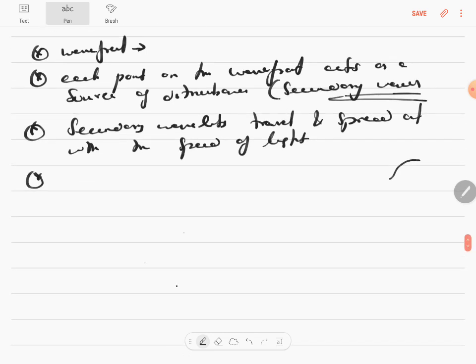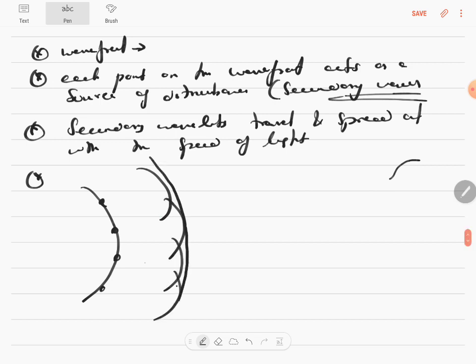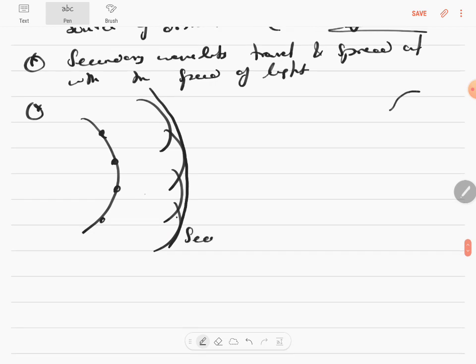Let's go fast. Supposing there's a wavefront, this is a primary wavefront. Every point on this wavefront is going to act as a source of disturbance known as secondary wavelets. An enclosure drawn to these secondary wavelets is known as the secondary wavefront.